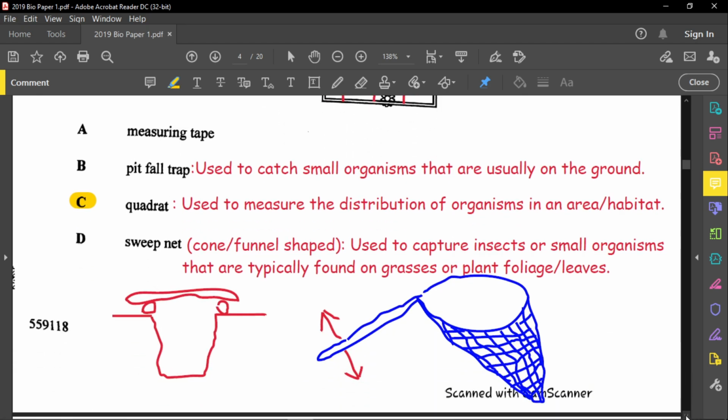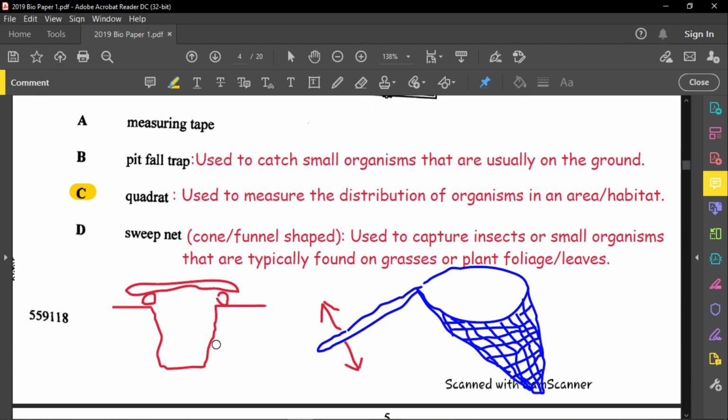You could put a cone inside the ground, or just dig the ground out and cover it with rocks, or with a metal plate. There are many different designs or ways to do it. Now, a sweep net, which is this on the right in blue, you will see this if you watch SpongeBob, right?